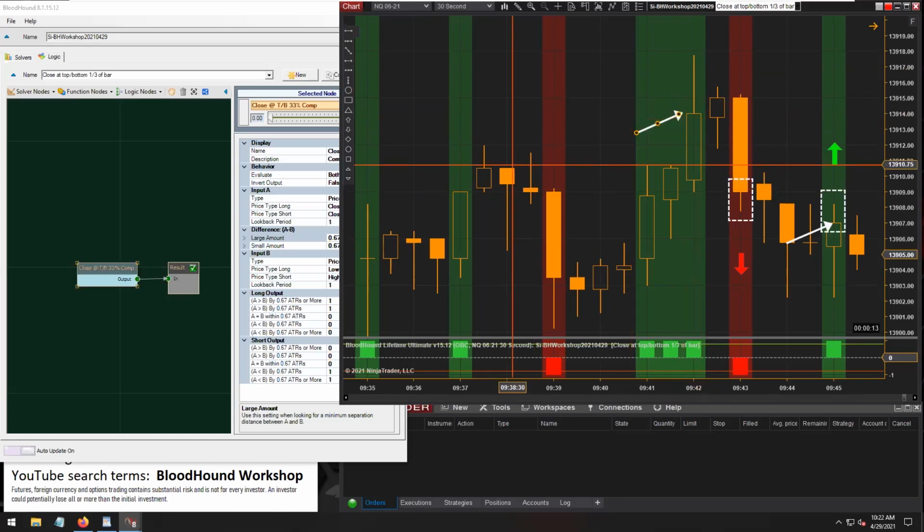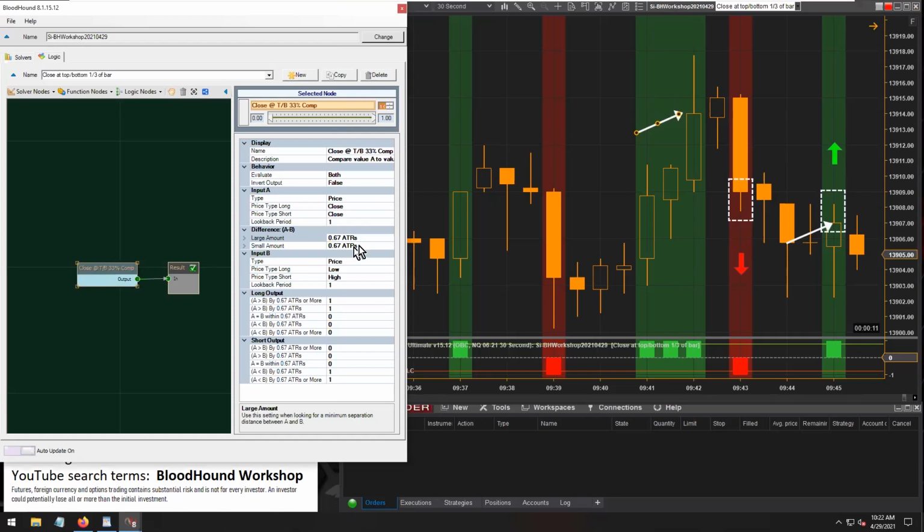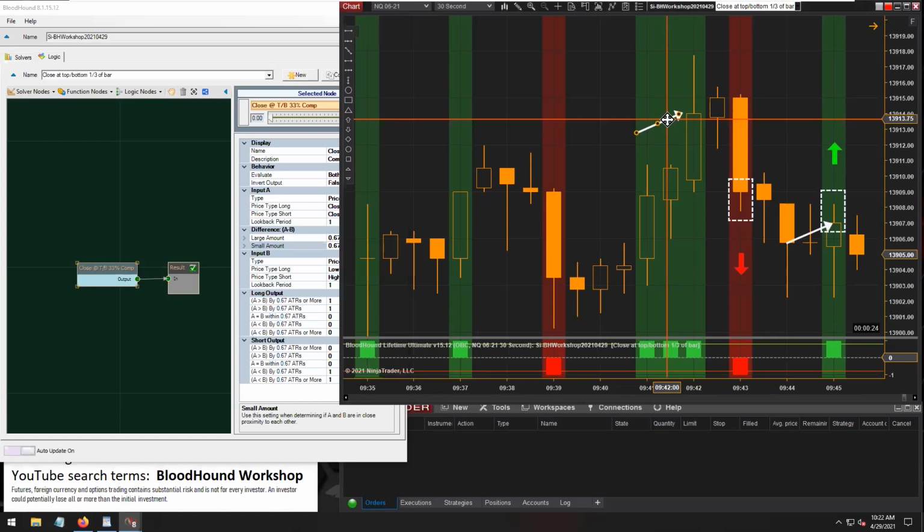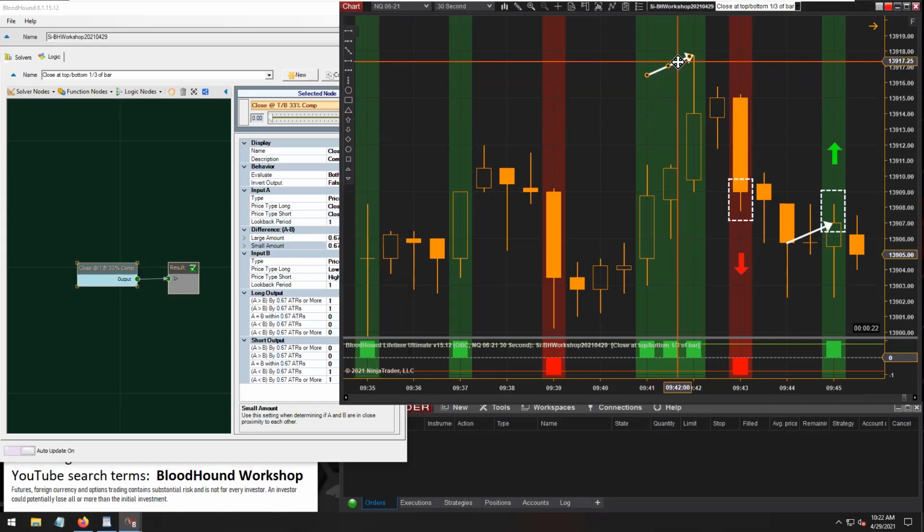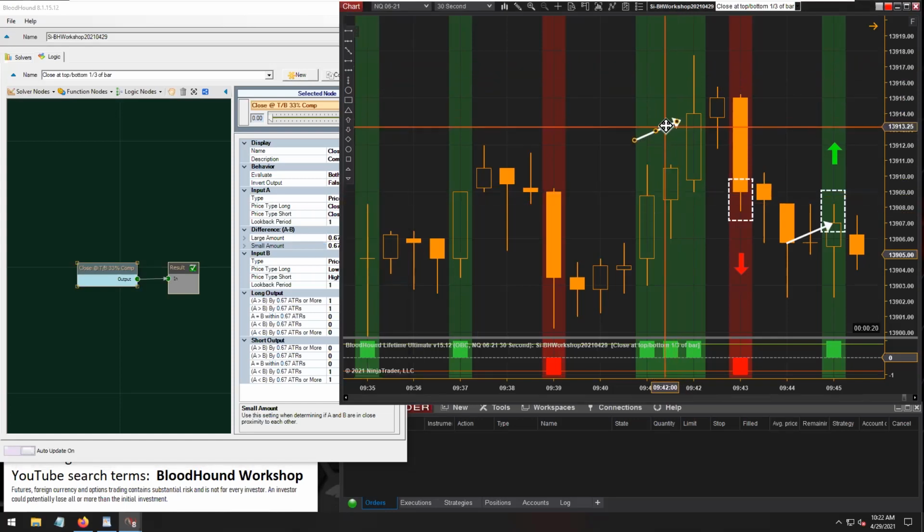That's because we are using the ATR formula, which is not exact. So this will get you in the ballpark, but if you want precision, then you will need a dedicated indicator that's properly calculating the bar length from the high to the low.